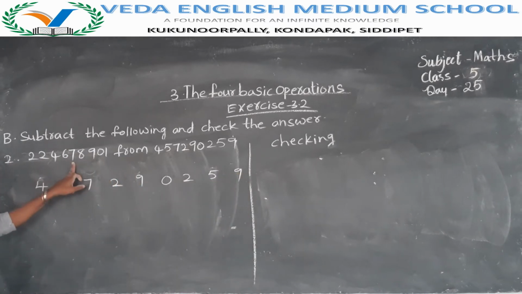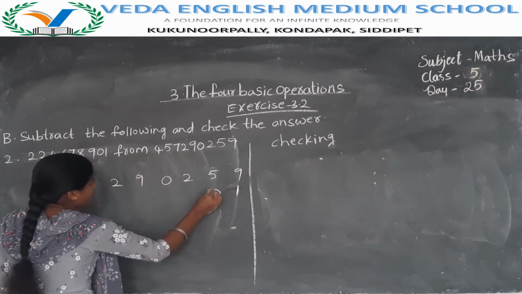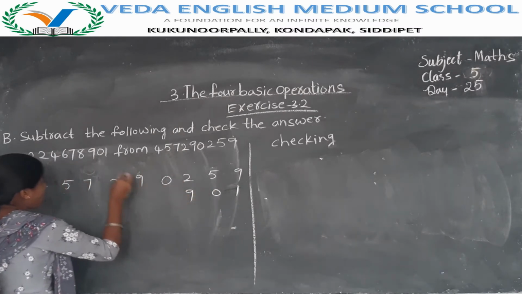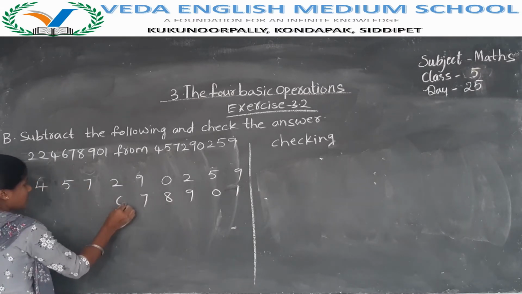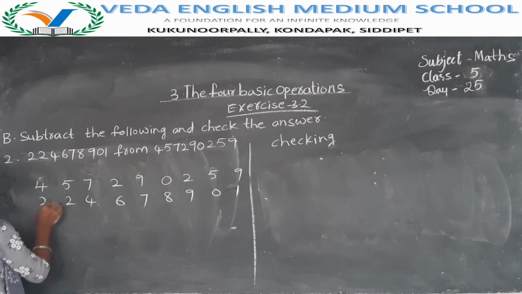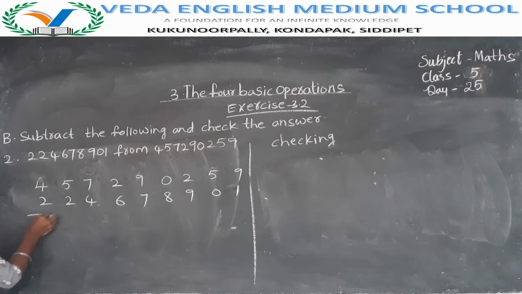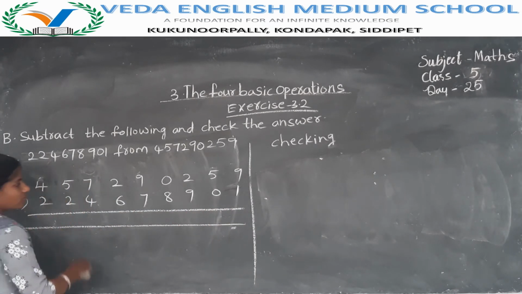Next, this number right side to left side again. 1 0 9 8 7 6 4 2 2. Now subtract. Right side to left side.